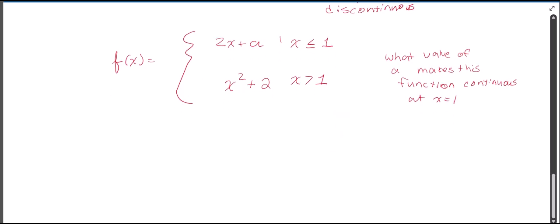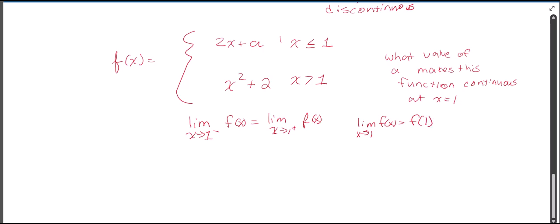And so to be continuous at x equals 1, the limit as x approaches 1 from the right of f of x has to equal the limit as x approaches 1 from the left of f of x, and the limit as x approaches 1 of f of x has to equal f of 1.